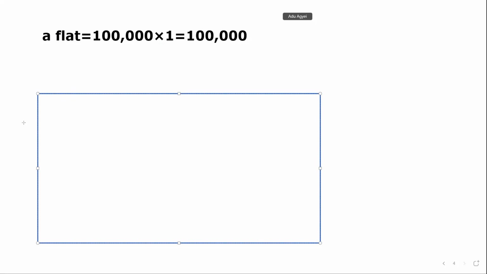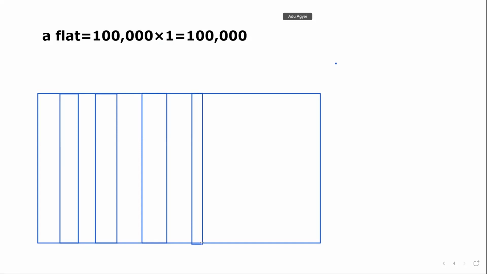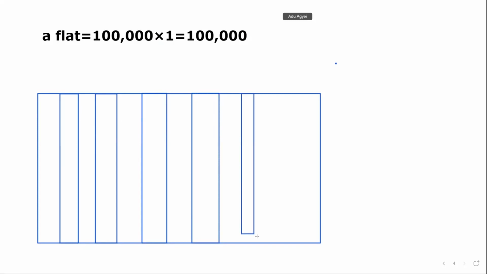So now let's divide it. 1, 2, 3, 4, 5, 6, 7, 8. 1, 2, 3, 4, 5, 6, 7, 8, 9, 10.